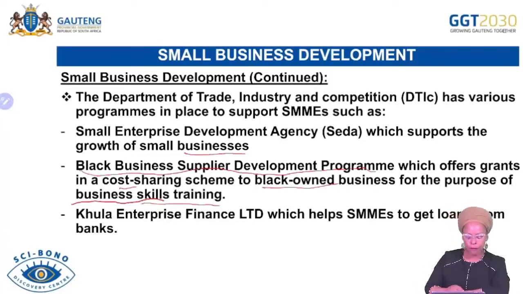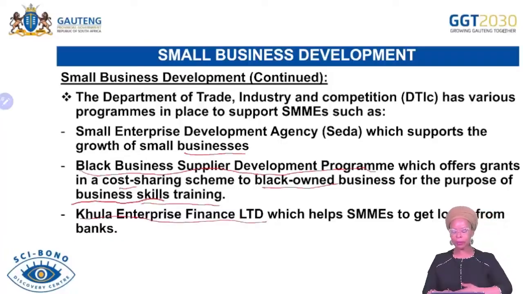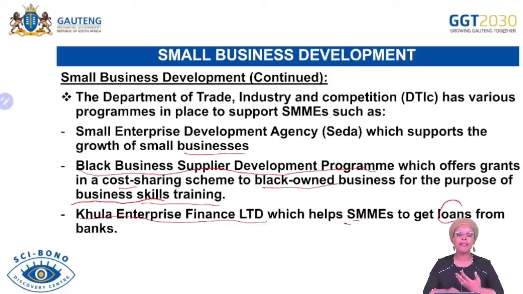We also have Kula Enterprise Finance Ltd, which helps small, medium, micro enterprises to get what? Loans from the banks. You might find yourself having an excellent business idea, but you don't know how to start the business. You don't even have the means, which is the capital.